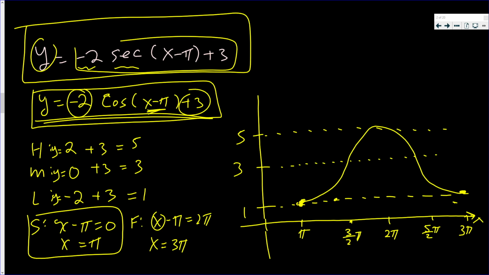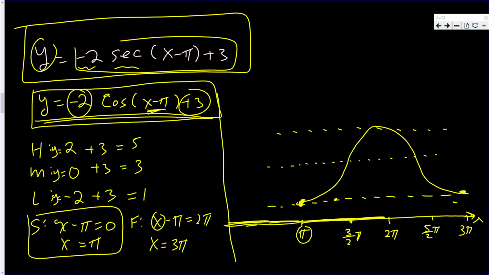And what we have, for example, is this distance is 1 pi. 1, 3, and 5. So I should go to the left of pi approximately pi units. And this is 1 and 3 and 5. Okay. Labeled everything, ready to go now.